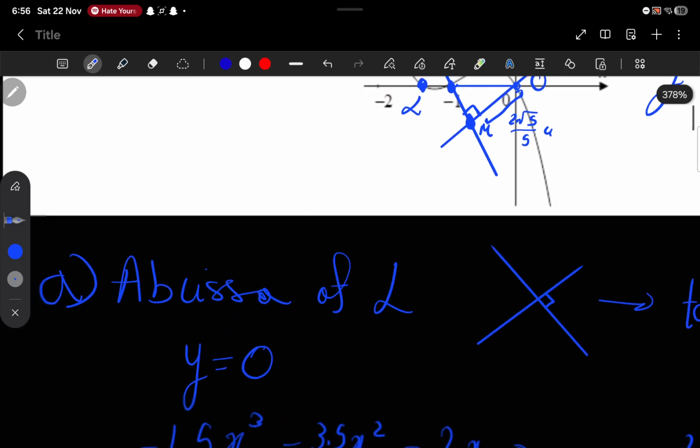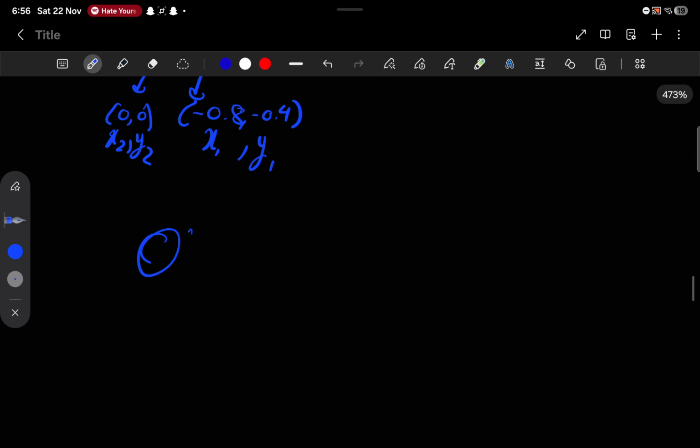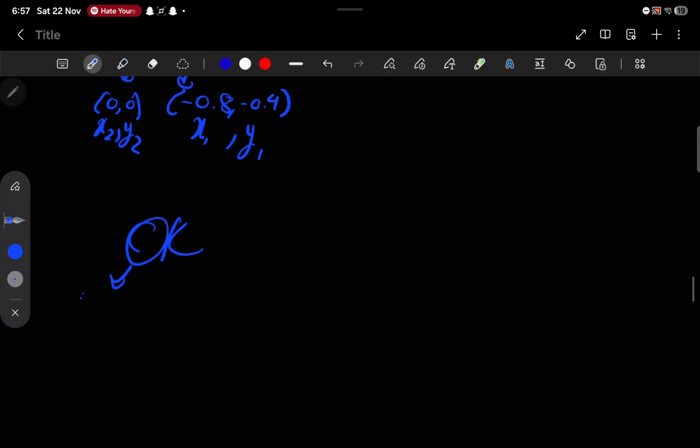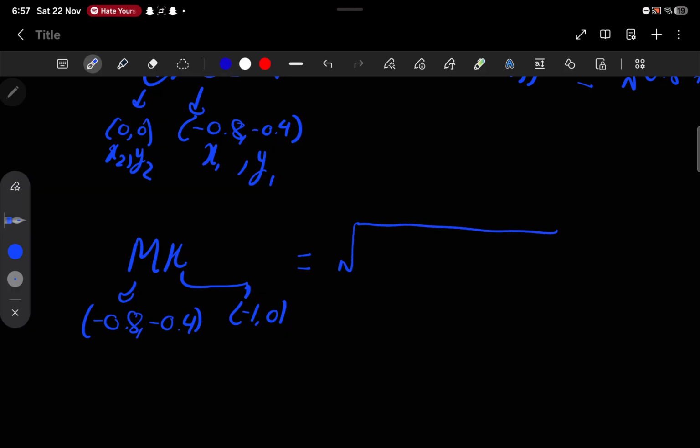Now to find MK. This is what? Negative 0.8, comma, negative 0.4. This is what? Negative 1, comma 0. So, do it really quickly.